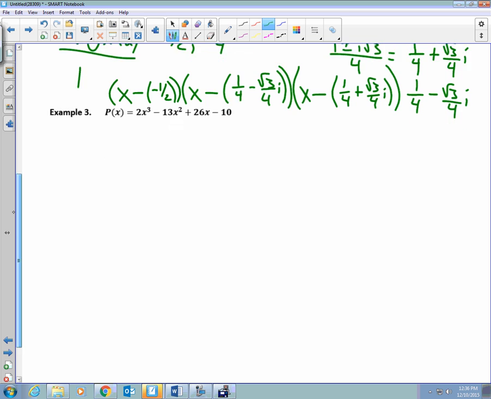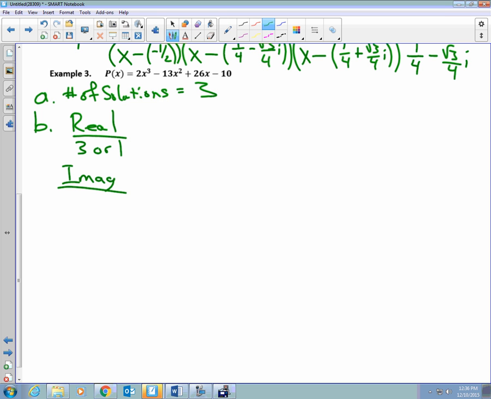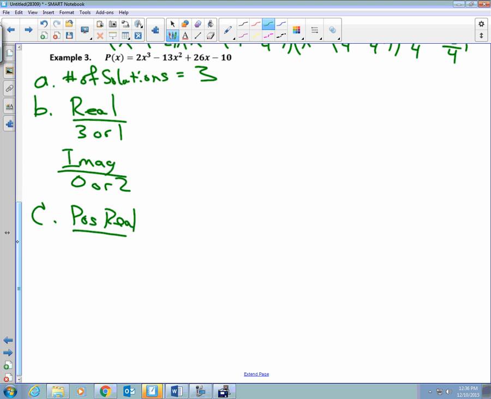All right. Example 3. Degree. Number of solutions. How many real? 3 or 1. Imaginary? How many positive real solutions? How many sign changes?